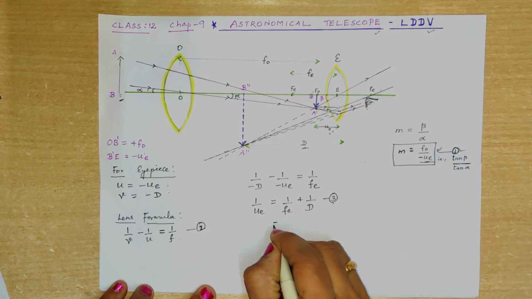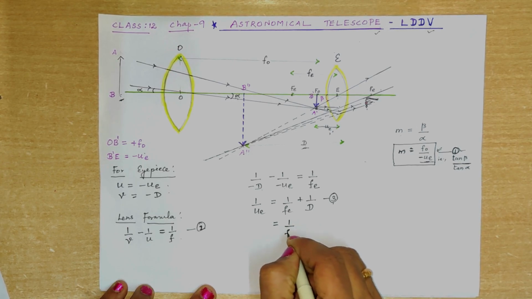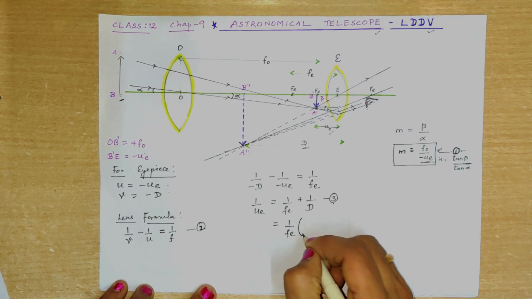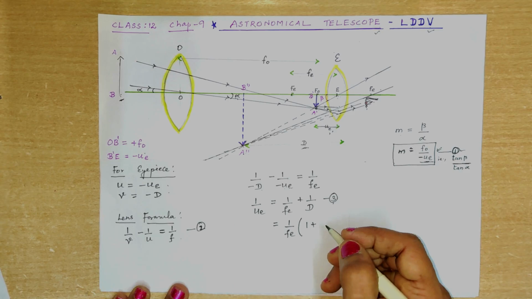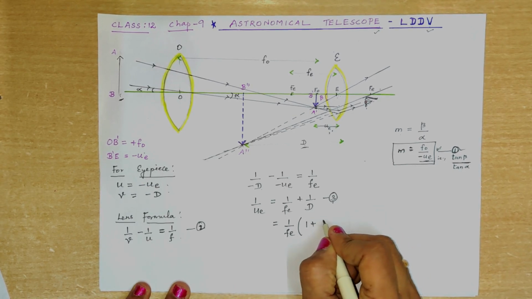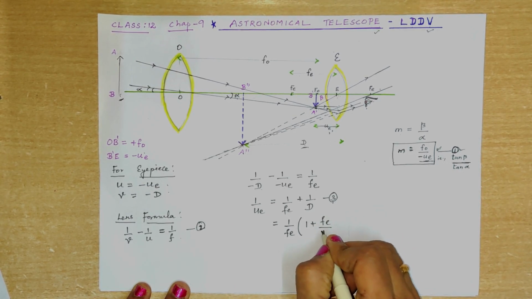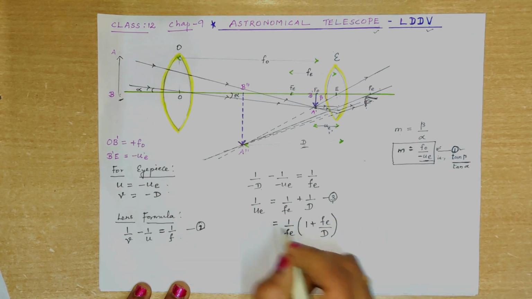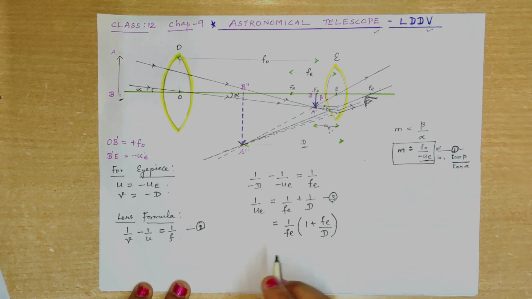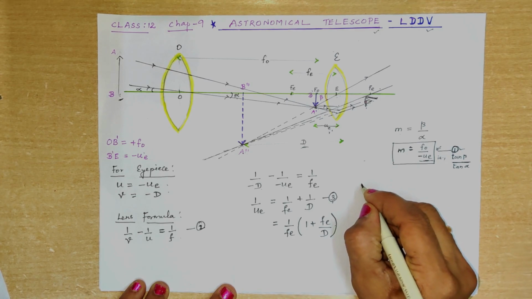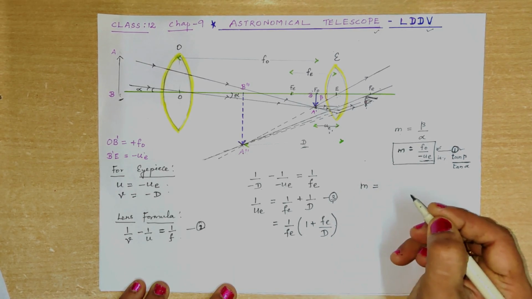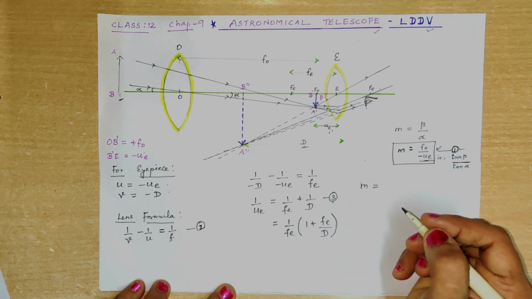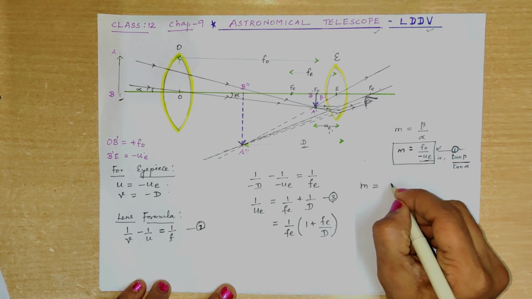Before that, we can also rearrange with one more step. Taking 1 upon FE common outside, this is going to be 1 plus FE upon D. This equation can be substituted here.